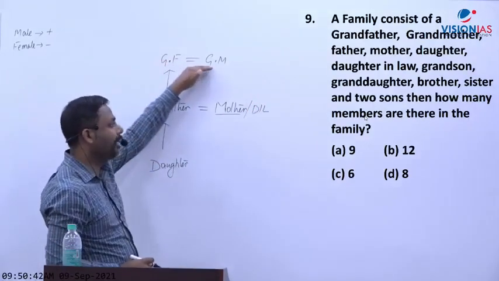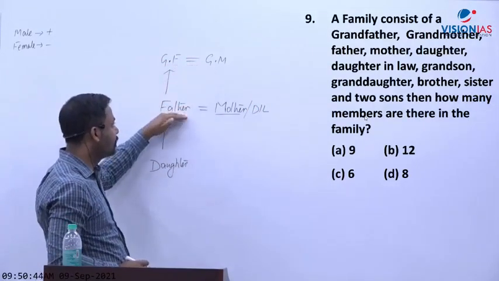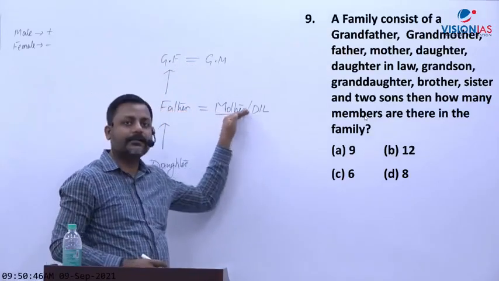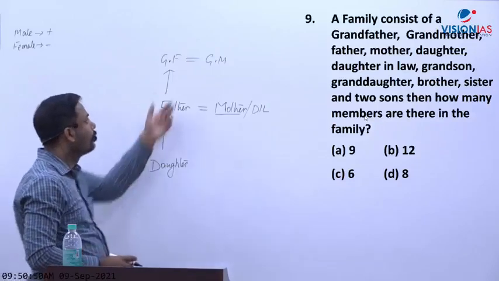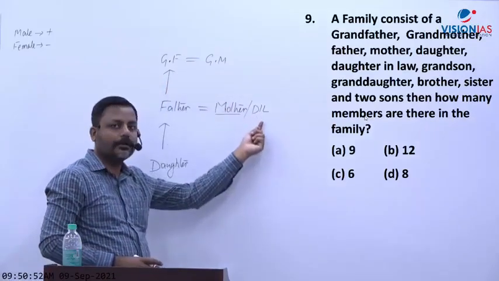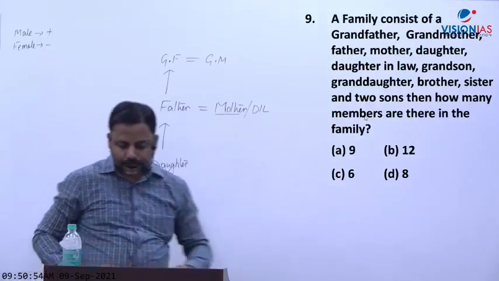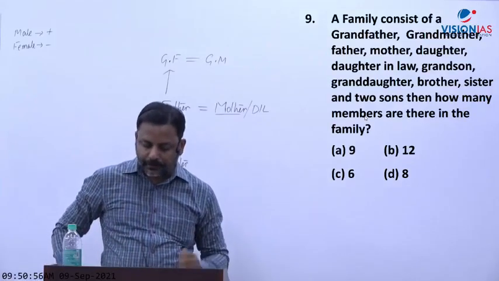So for grandparents, this person is son and this is daughter-in-law. Okay? So daughter and daughter-in-law is done.